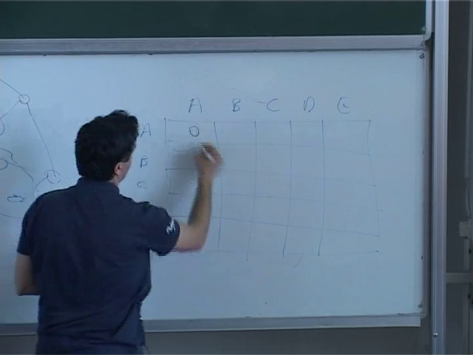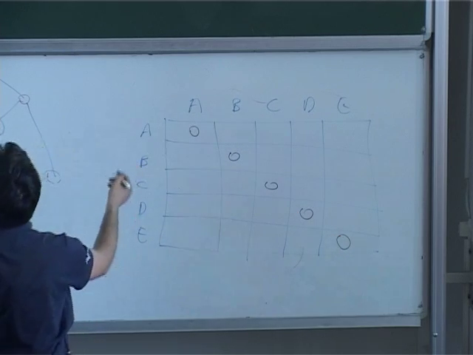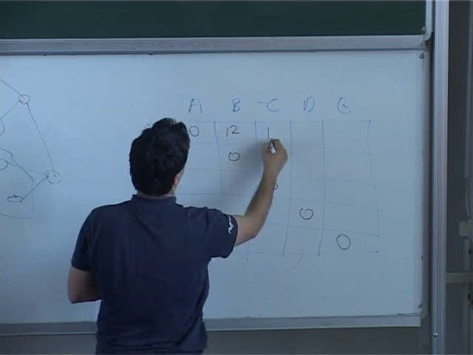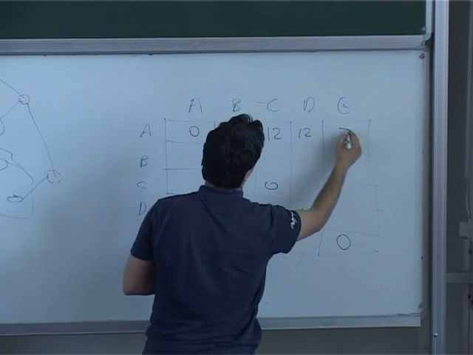So these are all 0. The distance between A and B is 12. A and C is 12. A and D is 12. A and E is 7.